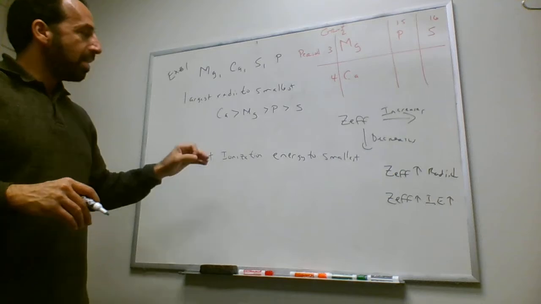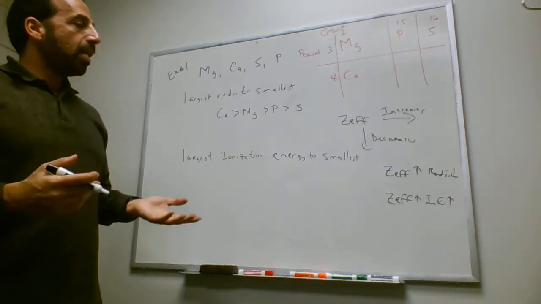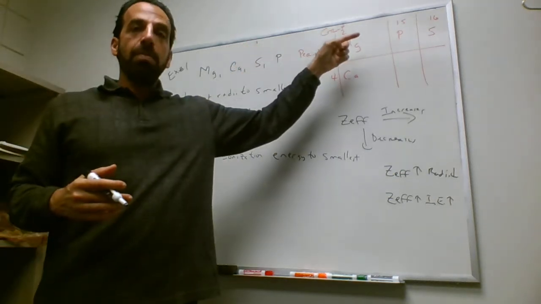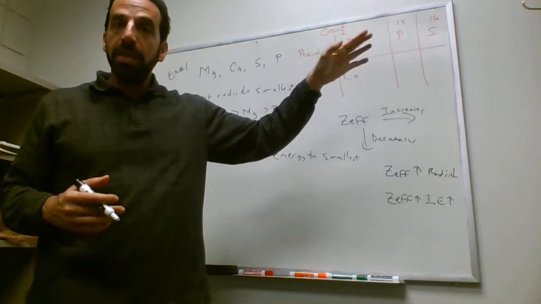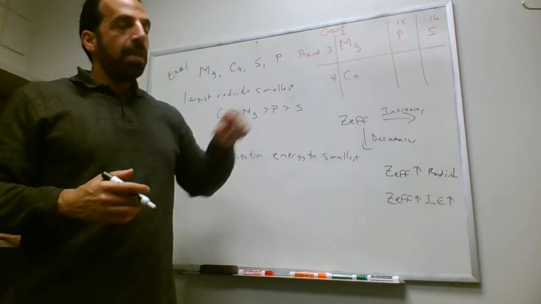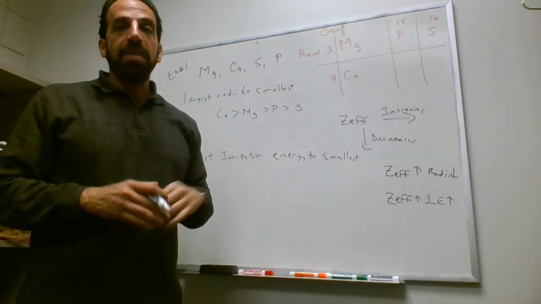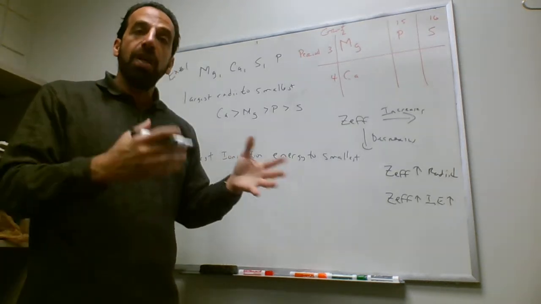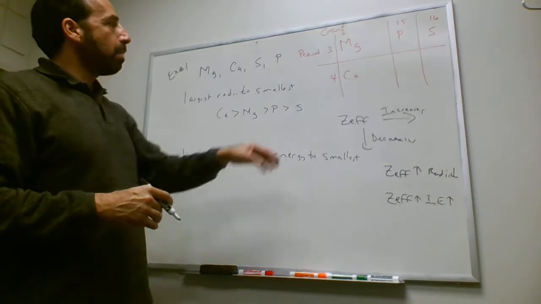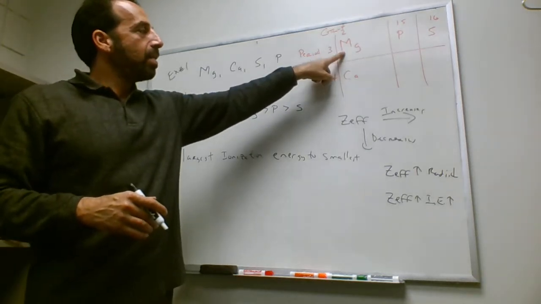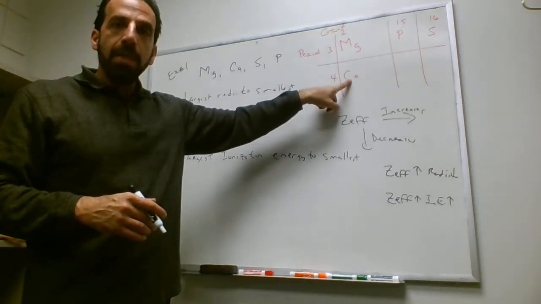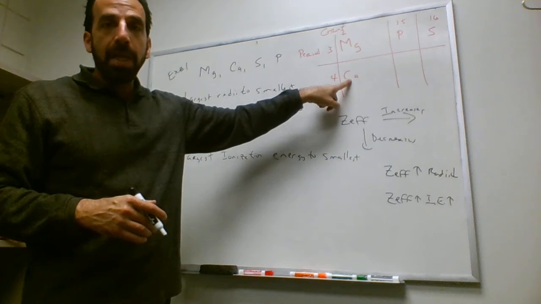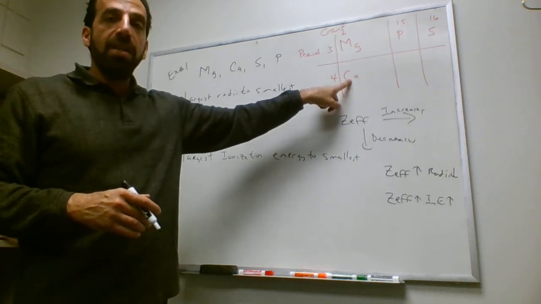Now, the other one is ionization energy. Again, Z effective increases across a period, which means ionization energy is going to increase. Z effective decreases down a group, which means that ionization energy is going to decrease. It's kind of the opposite trend of radii. So again, I'm going to compare calcium and magnesium. Calcium is below it in the periodic table, which means its ionization energy is less.